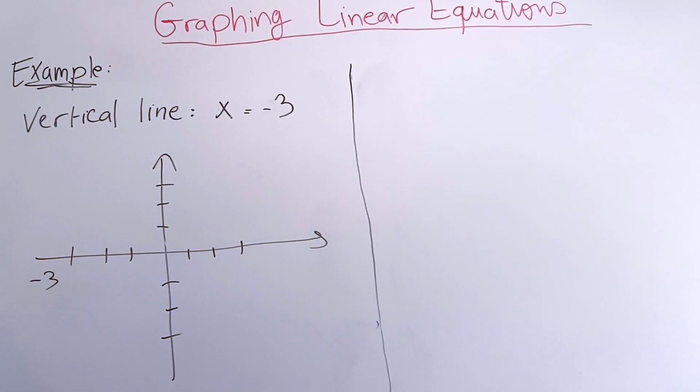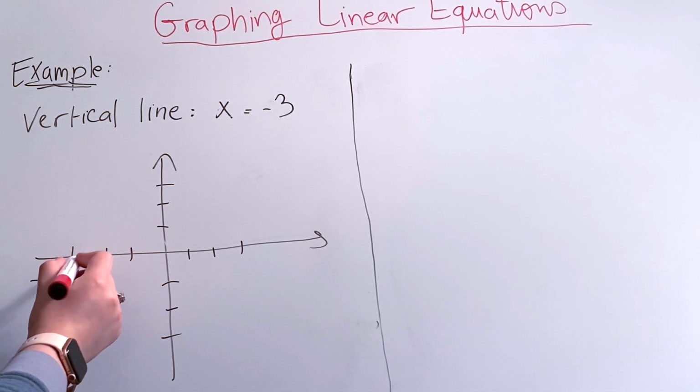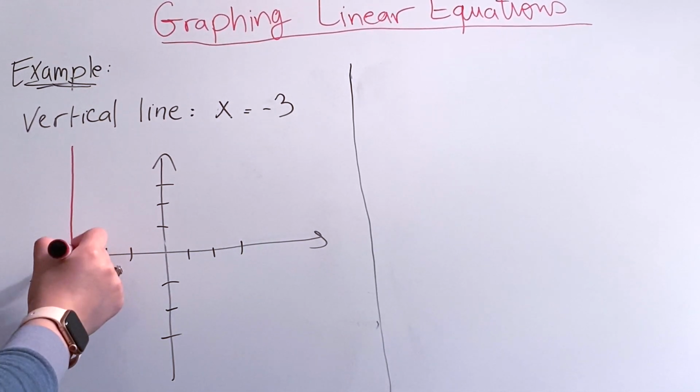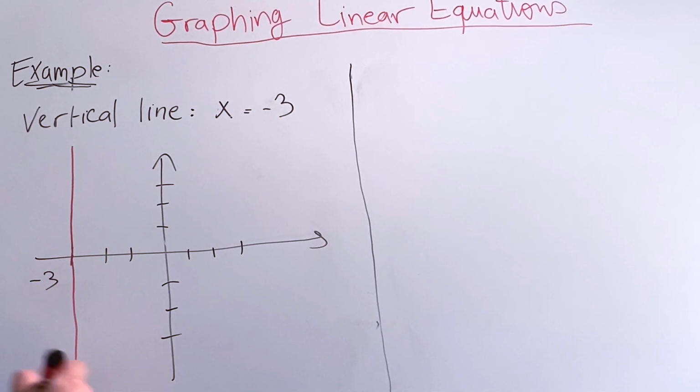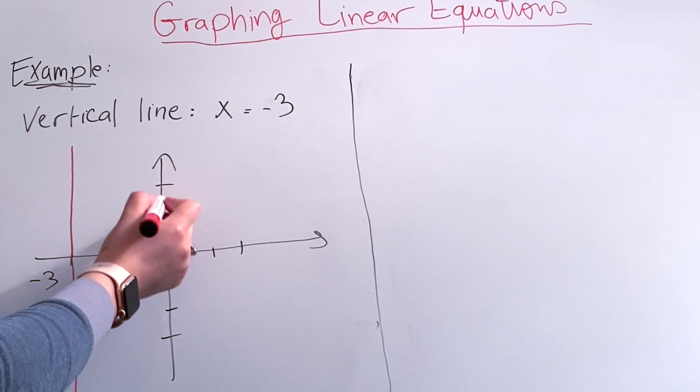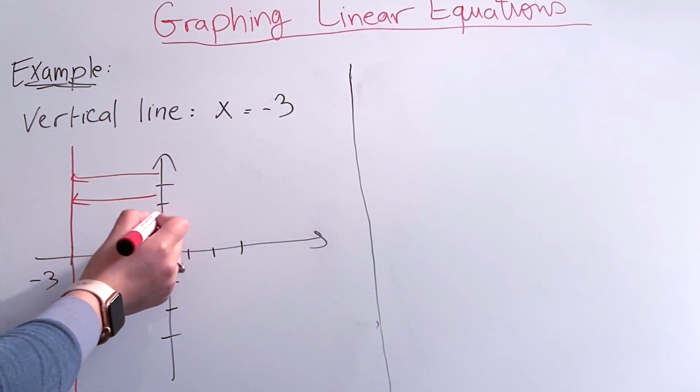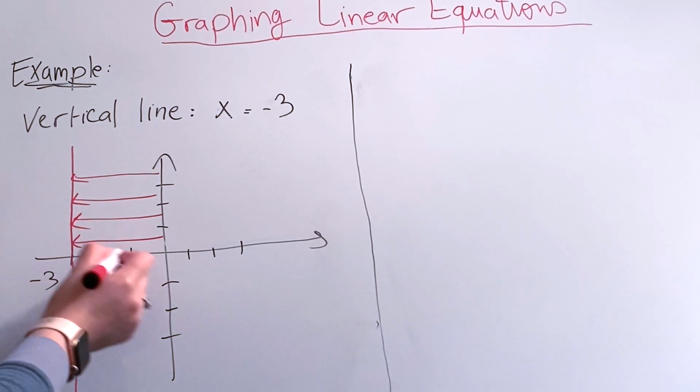So now let's graph it. We have x equal to minus 3, so the line is gonna cross at minus 3, and every y is gonna have the same x.